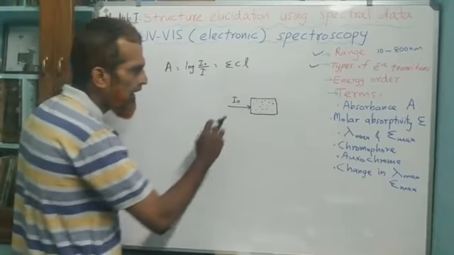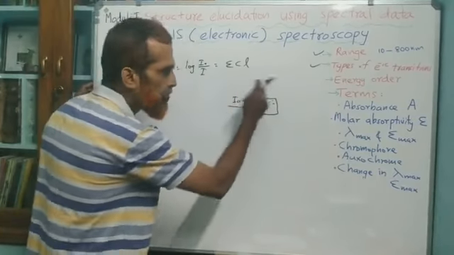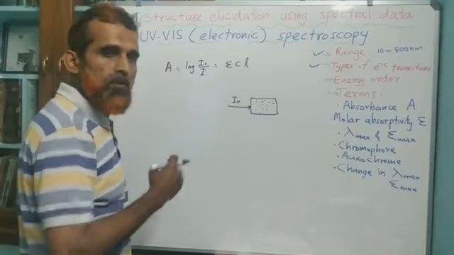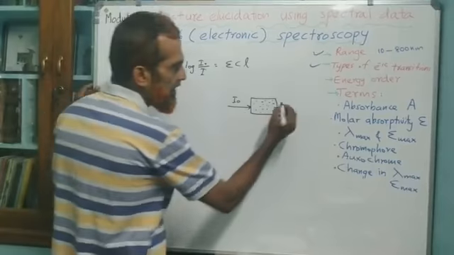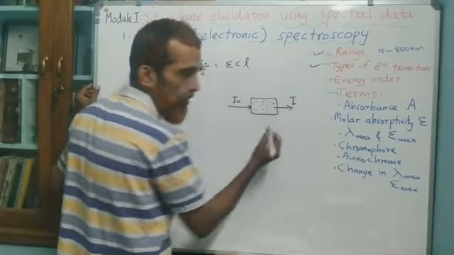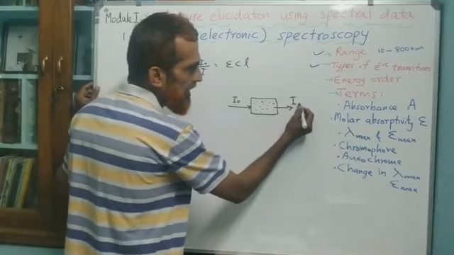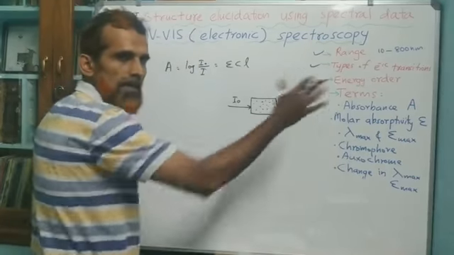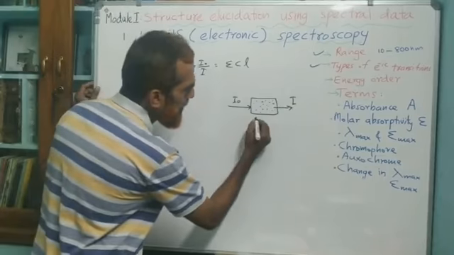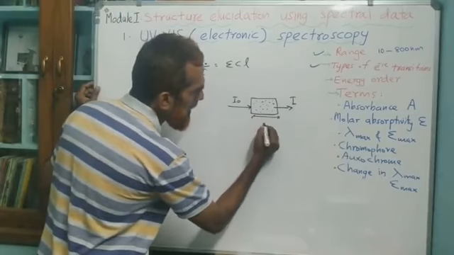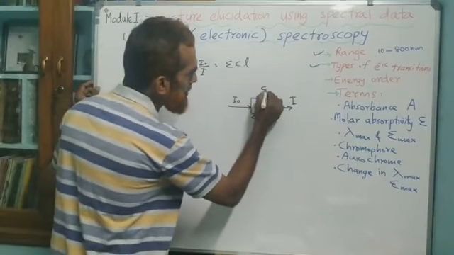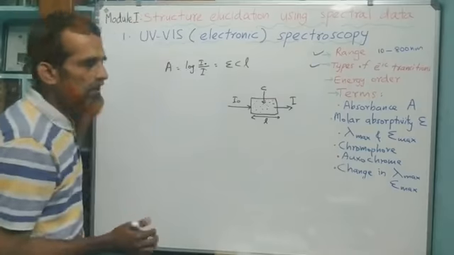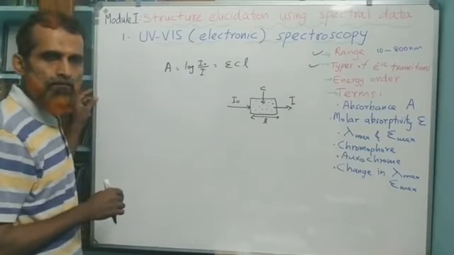What happens? Part of the radiation will be absorbed by the molecule for its electronic transition, and the rest will be transmitted, and the intensity will fall due to absorption, and this is the intensity of the transmitted radiation. Suppose this is the length or thickness of the solution, and the concentration of the solution is C. So we have this equation, right?